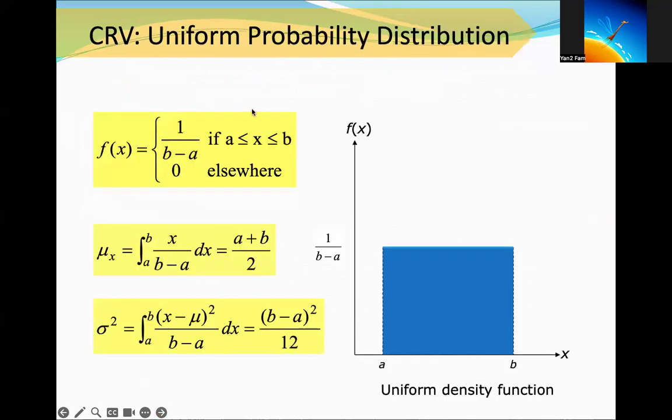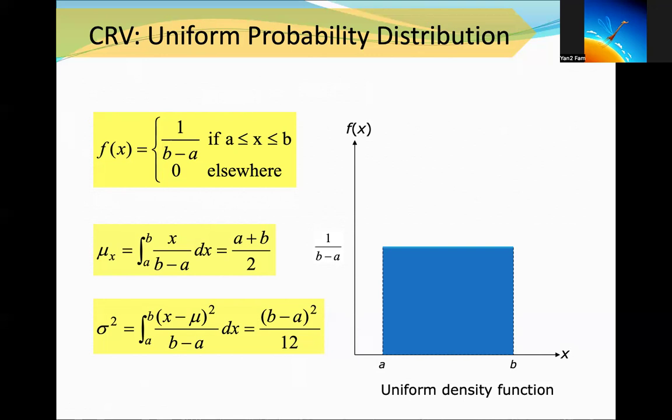There's another thing that you need to be aware of, which is the uniform probability distribution. You will use this when, for example, things never change. For example, every day the school bell rings.